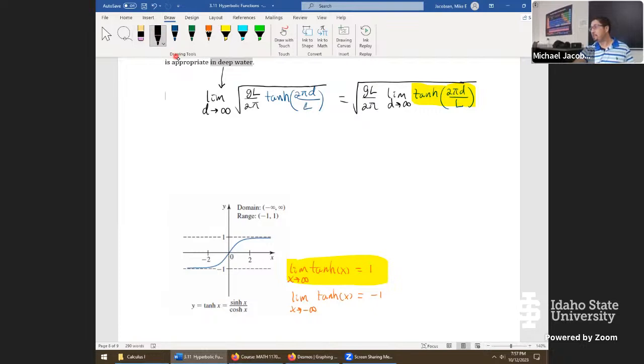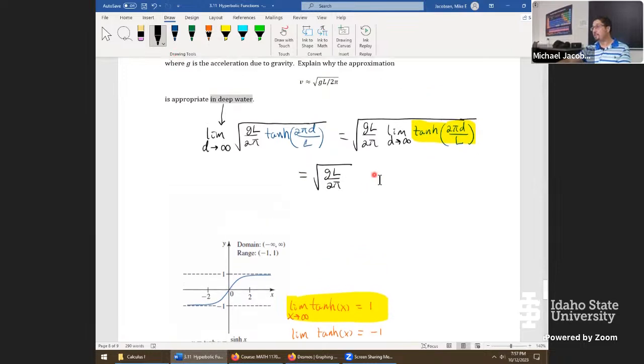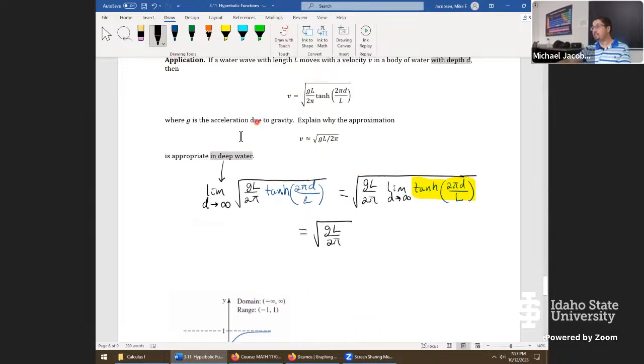Okay, so finally, after we take that approximation, we get the square root of GL over 2 pi times 1, so we can even leave that 1 off. And this is our explanation. This is the velocity for typical depths, but if we're dealing with very deep water, in the limit it becomes this value, and that's why we have an explanation for this right here.